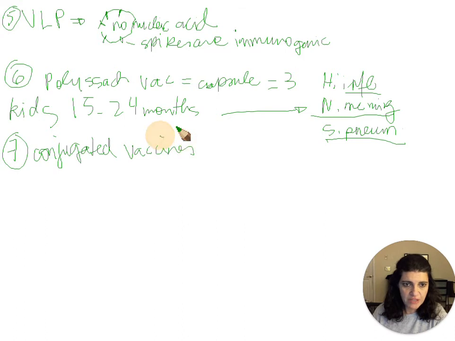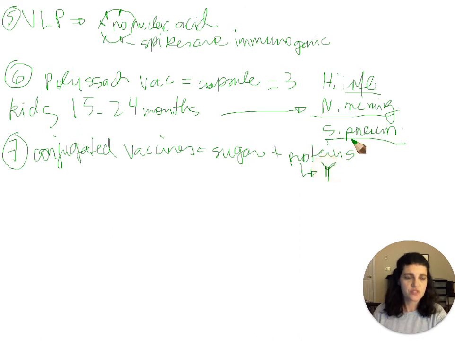Conjugated vaccines are made of capsule, so made of sugar, complexed with some type of protein that has a better potential to cause an immune response, which is production of antibody and T-cell response, right? So this is a lot more effective.